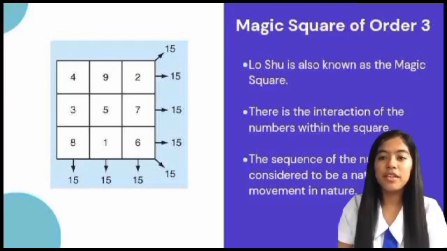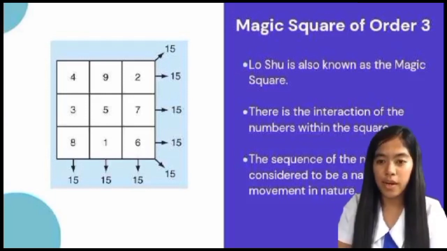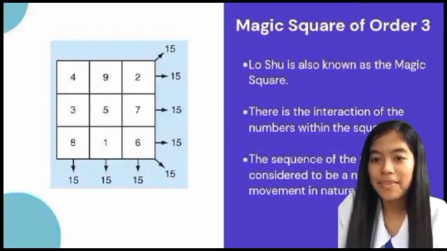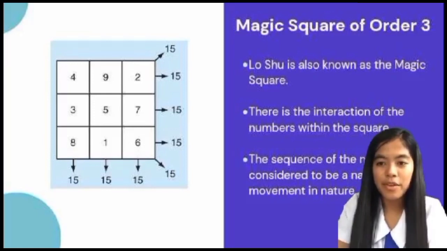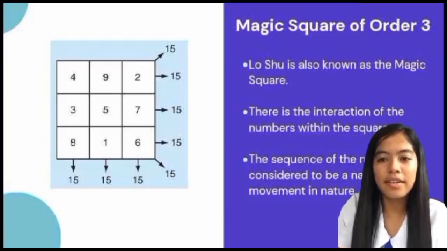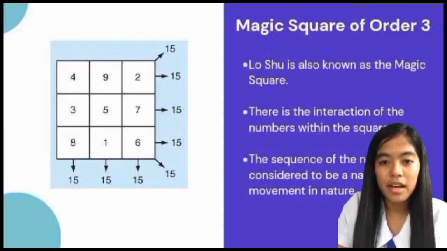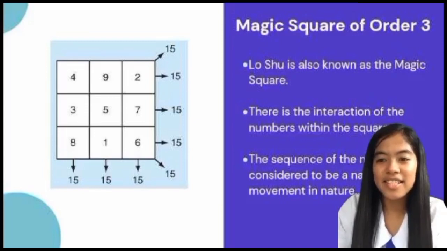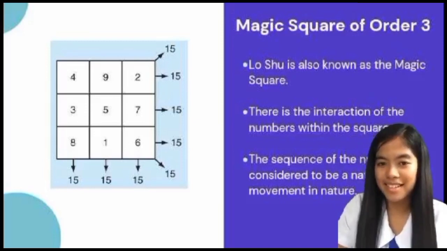The interaction of the numbers within the Lo Shu square: even numbers are at the corners, 2, 4, 6, and 8. The odd numbers form a cross in the center of the square: the numbers 1, 3, 7, 9 at the edges and 5 in the center.